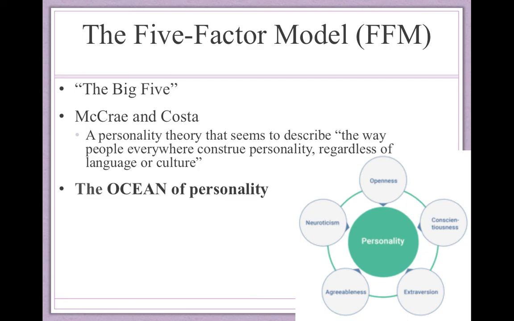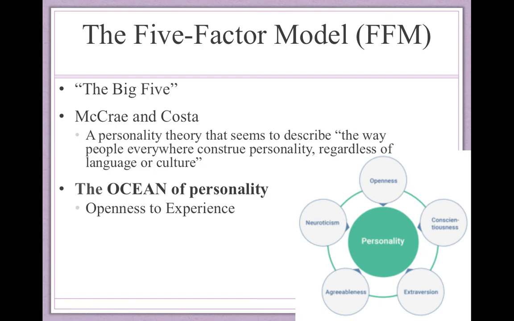And there's many names for it. So there's the 5-factor model, the Big Five, and you can also think of it as the ocean of personality, because the 5 factors, Big Five, that means that there are 5 different traits within the model, and ocean is the acronym that you can use to remember them.